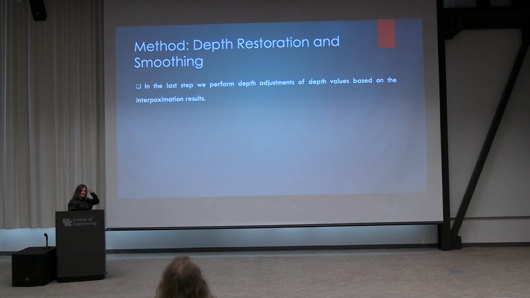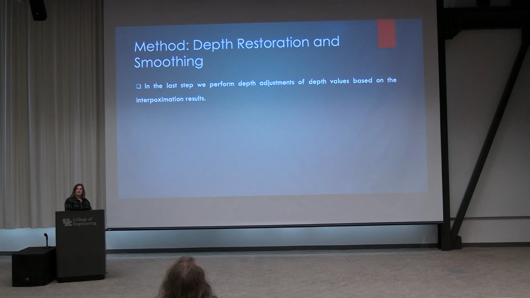So in the last step, so far what we have done, we have guessed the initial boundary, then we estimated the minimal curve for that boundary. Now we actually need to fix what we have in the actual depth map, right? So how do we do that?